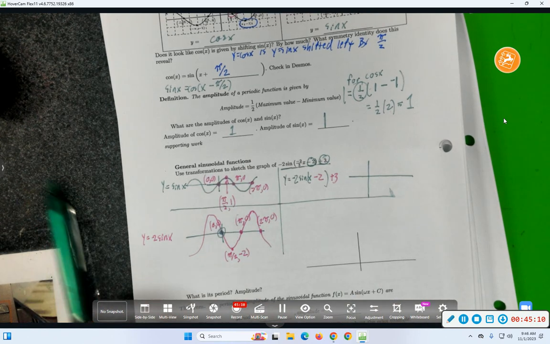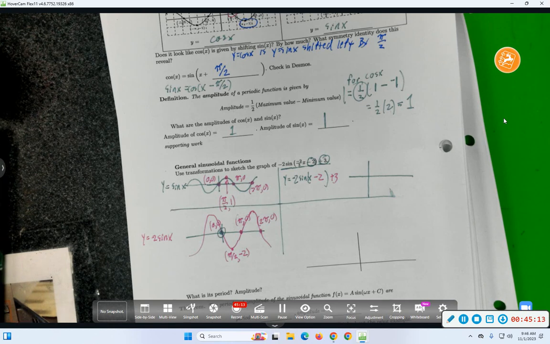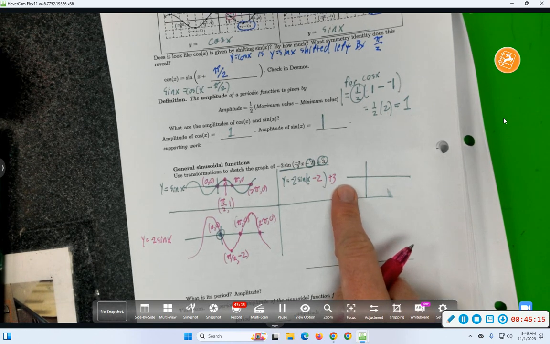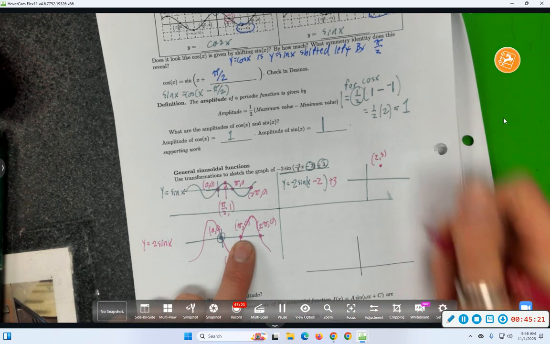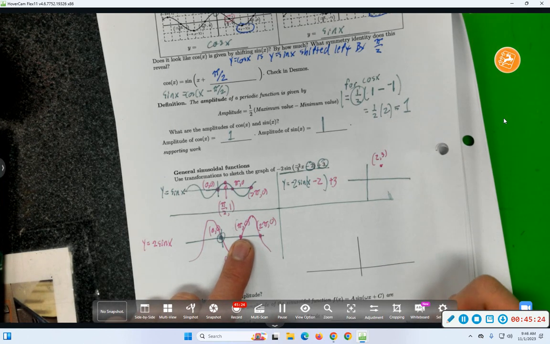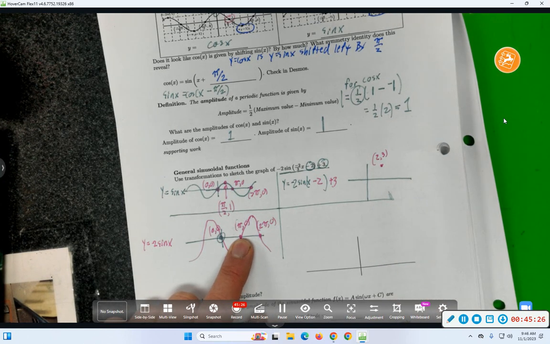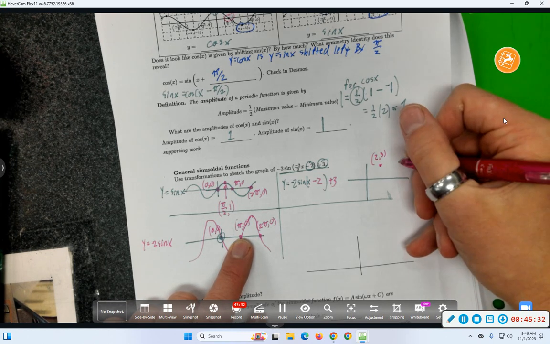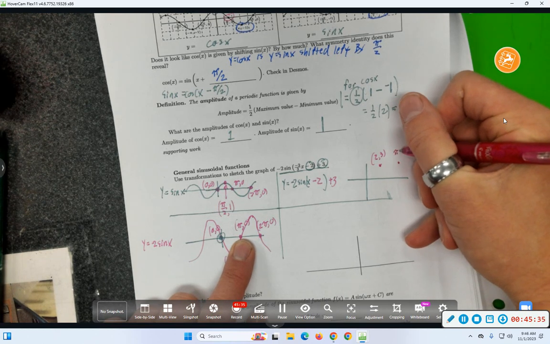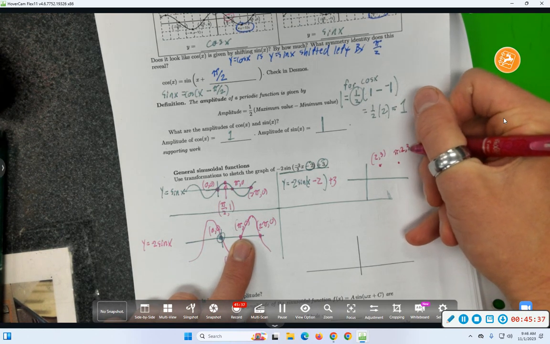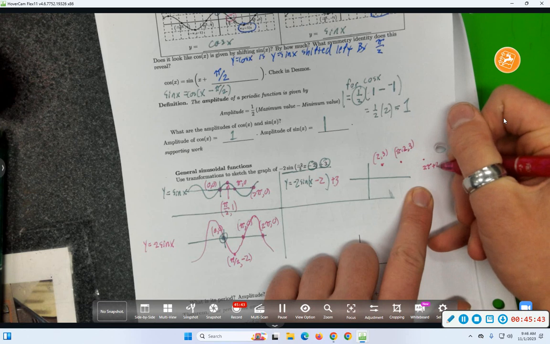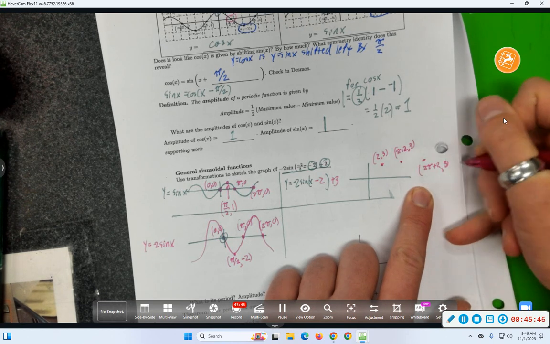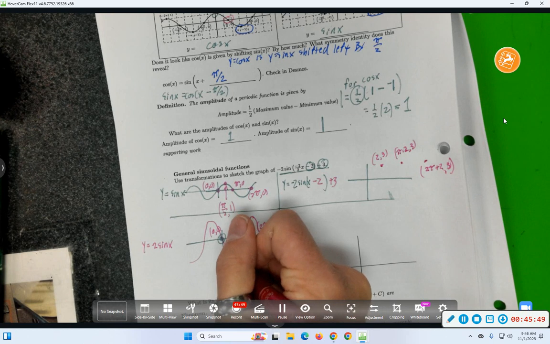0, 0, where will it go? 2, 3? Pi, 0, where will it go? Whatever pi plus 2 is, then plus 3, so I guess that's 5-ish, comma 3. All right, and let's track this point also.